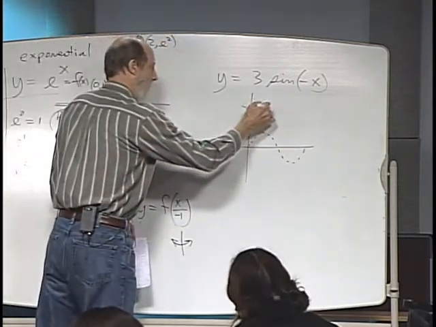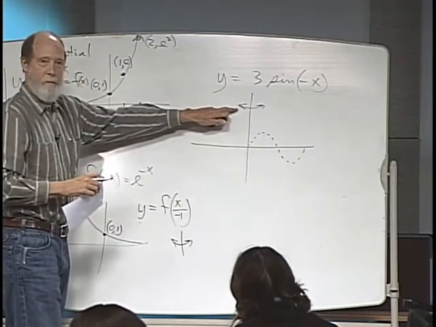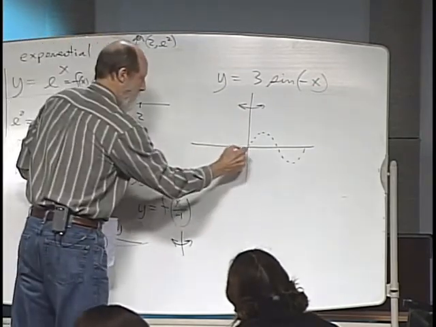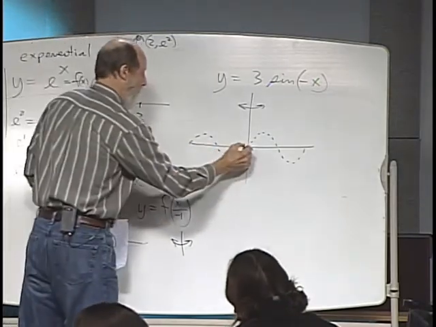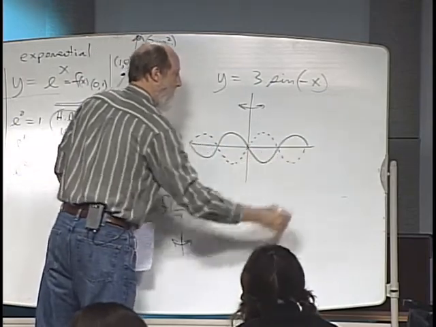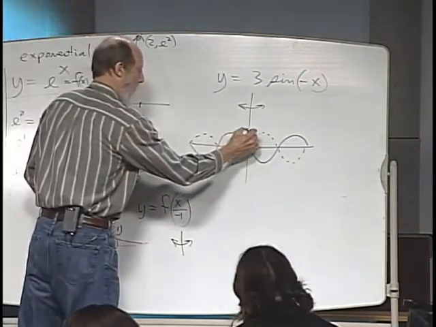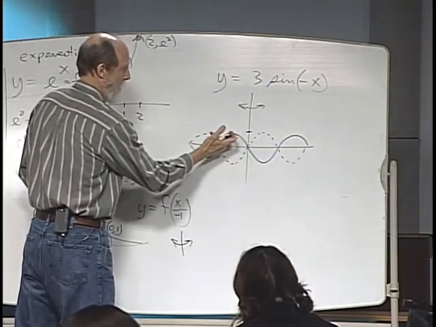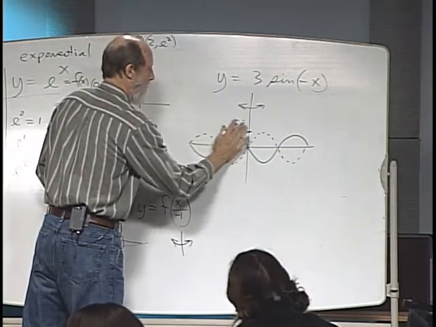Take that thing and flip it around the y-axis. Right? Flip it around the y-axis. It's going to sit here like this. And you're going to label this point where the crest is. Where? At 3.